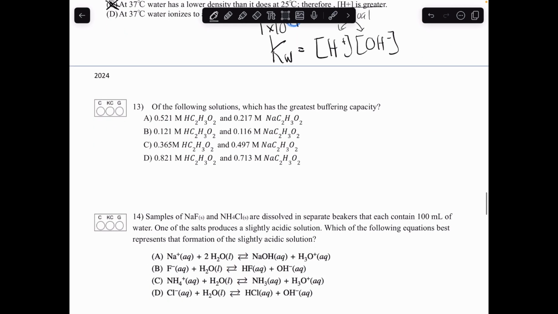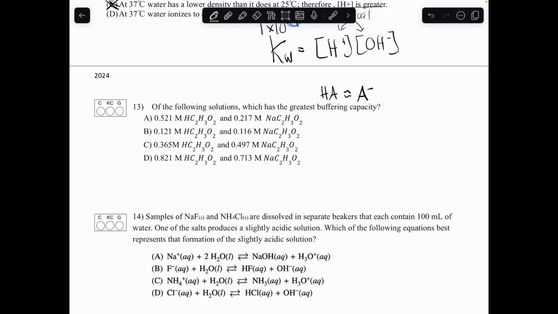Okay, number 13 talks about buffer capacity. And it wants to know, of the different solutions, which one is going to have the greatest buffering capacity. So buffering capacity would show just which one has the most of both the acid and its conjugate.